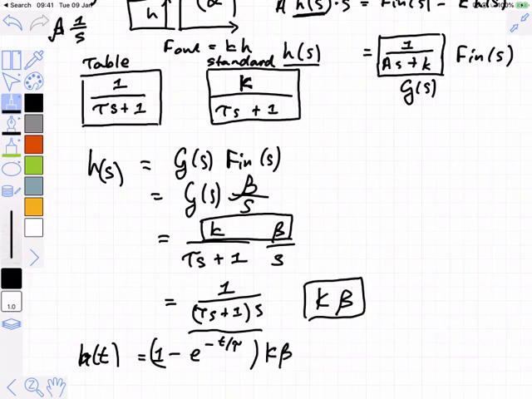Does everybody see how I got there? Because I looked at this part and said, okay, that inverse corresponds to that time domain function, and you can look that up in the table. And then I said, okay, the gain part, I just multiply by whatever the coefficient is that I need there.